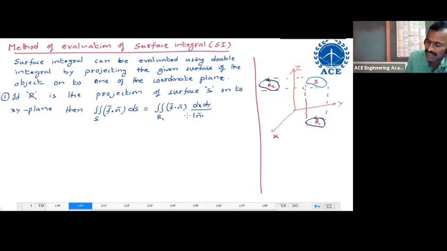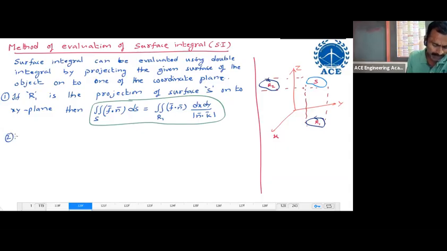Try to remember this. Our projection is on the xy plane, no z, so in place of that, here k bar. With the help of the projection, we convert the surface integral to a double integral, and using the double integral, we get the value of the surface integral, because a surface integral cannot be evaluated directly, like a line integral.